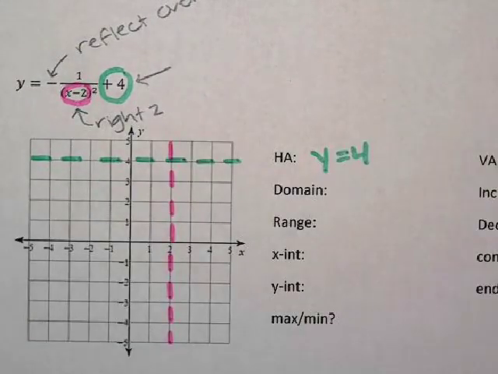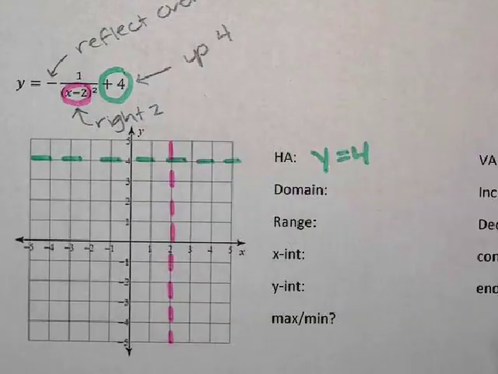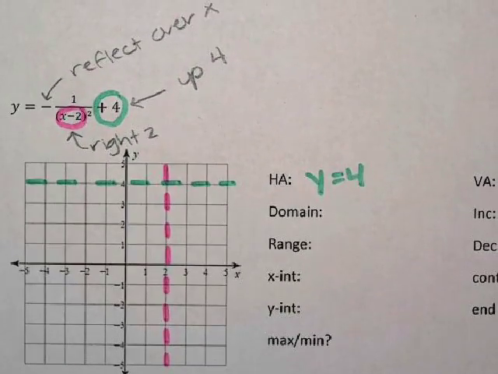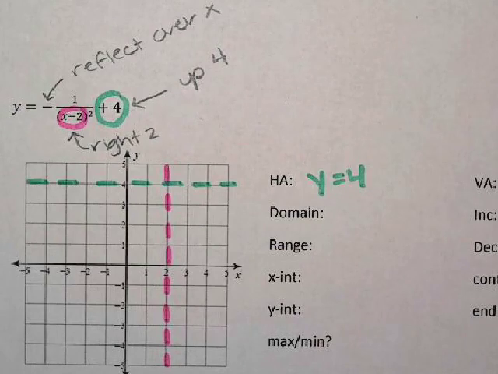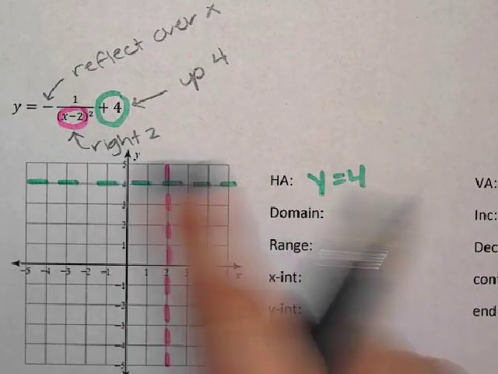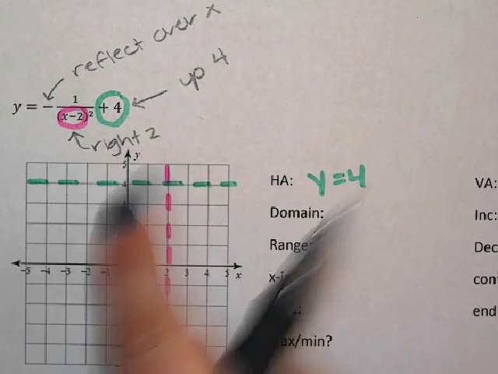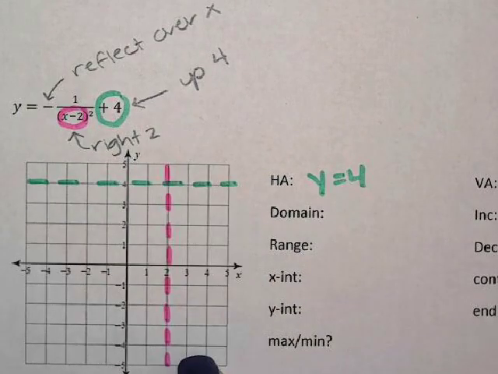And how about the number on the end? Up 4. Okay, so there's our transformations. Since this is reflected over x, that means instead of the two curves being above the horizontal asymptote, they're going to be below. They're going to have reflected down.